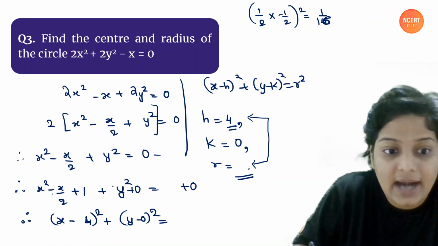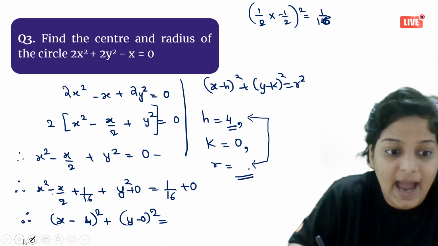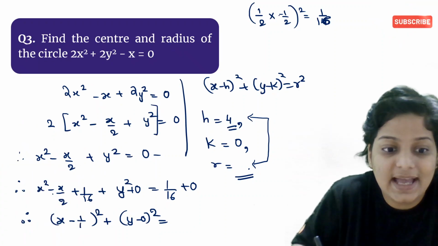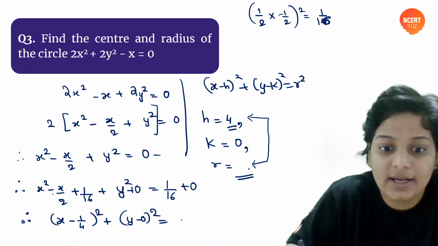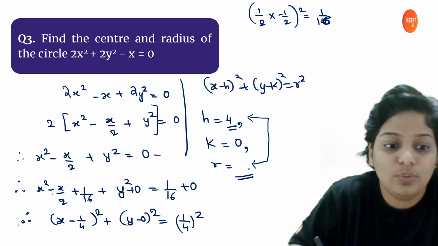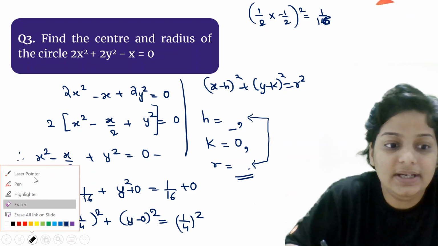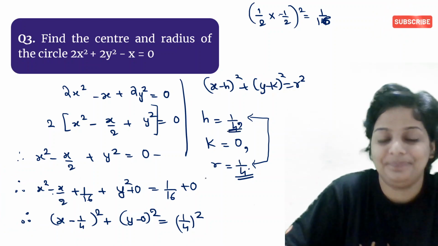I'm going to add 1 by 16 over here. If I add 1 by 16, the root of 1 by 16 is going to be 1 by 4. So it's x minus 1 by 4 the whole square is equal to 1 by 4 the whole square. That's the only difference. Instead of 4, we have 1 by 4.